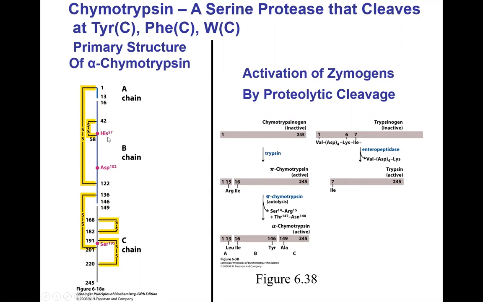What they are showing you here are the three key active site residues which are important in catalysis. Those are the three shown here in pink: serine 195, aspartate 102, and histidine 57. These are known as the catalytic triad.